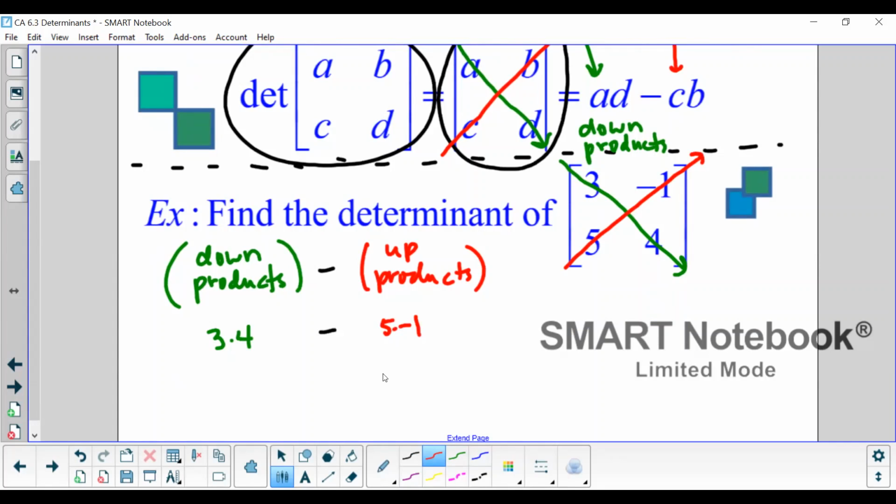So 5 times -1 is -5. 3 times 4 is 12. And I'm subtracting those two things, right? So I have 12 minus -5. Minus a negative is the same as plus a positive. So this gives me 17.